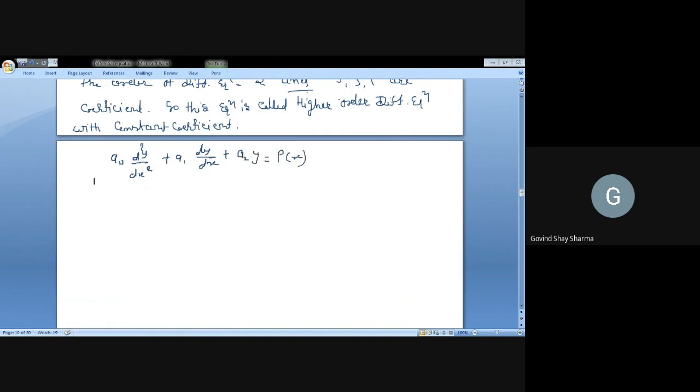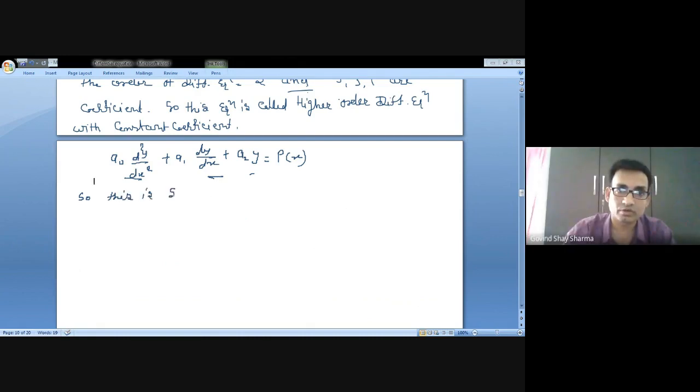This is a linear differential equation because the order of the differential equation is reducing in each step. So this is a second order linear differential equation with constant coefficients.